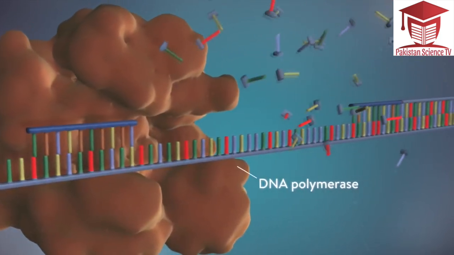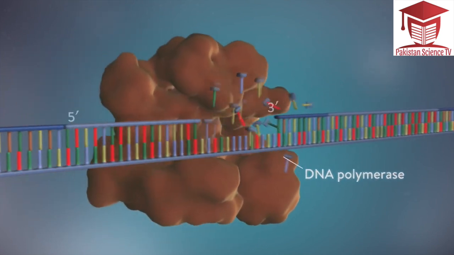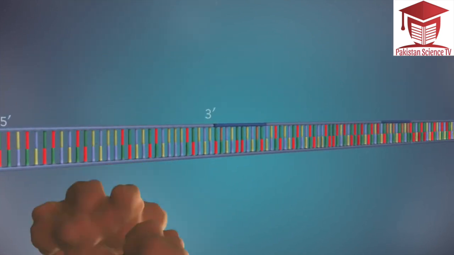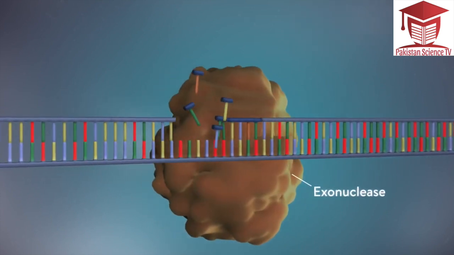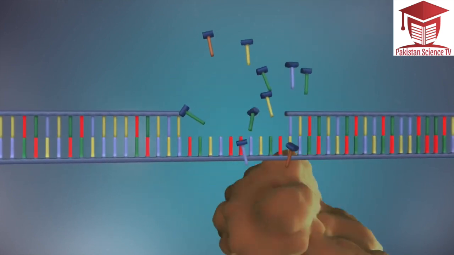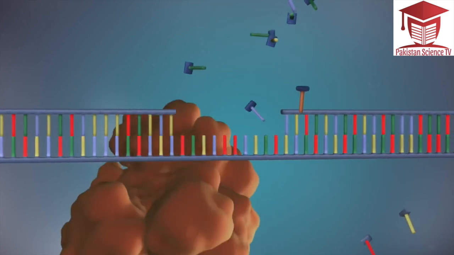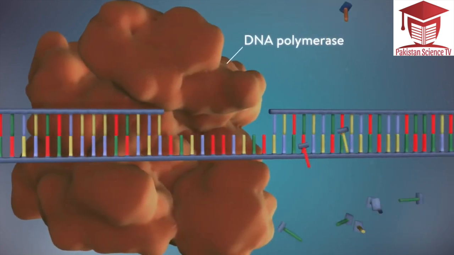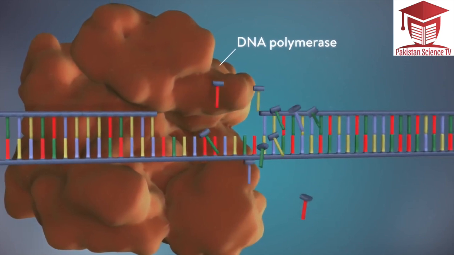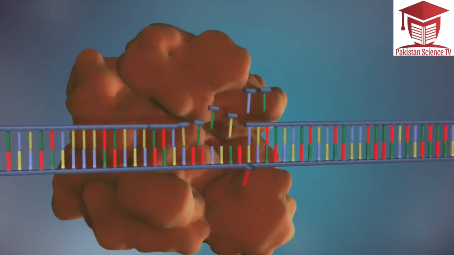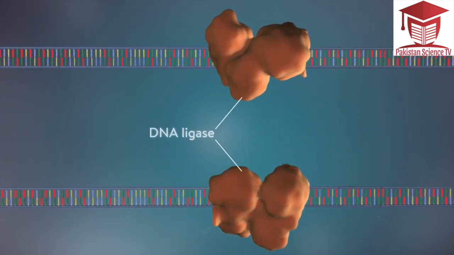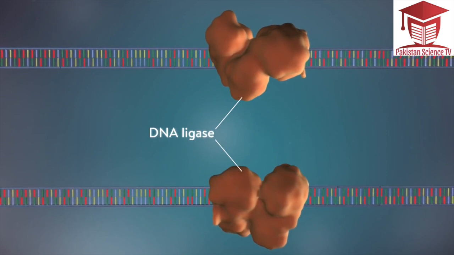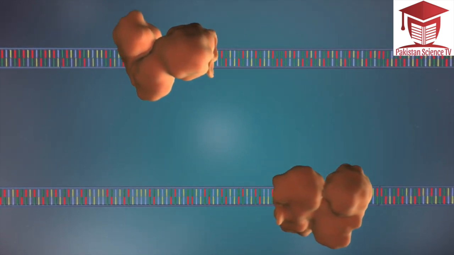Another Okazaki fragment is then made, and the process is repeated again. Once the new DNA has been made, the enzyme exonuclease removes all the RNA primers from both strands of DNA. Another DNA polymerase enzyme then fills in the gaps that are left behind with DNA. Finally, the enzyme DNA ligase seals up the fragments of DNA in both strands to form a continuous double strand.